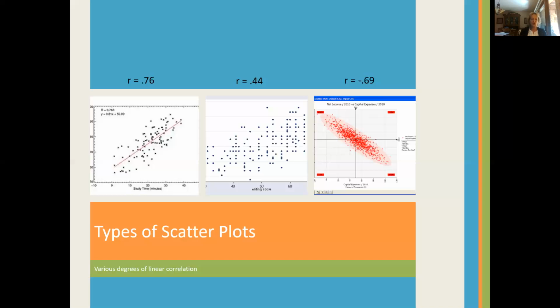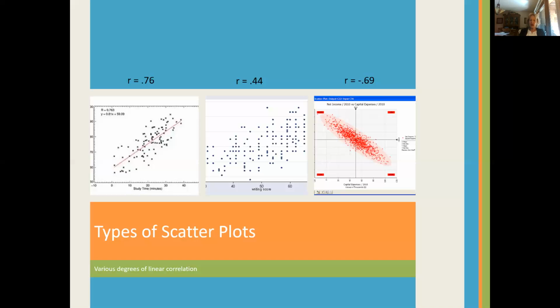Now in the middle graph, things are a little bit more scattered, and it's not quite as strong a positive correlation, but it's still positive. The correlation coefficient that corresponds with that graph is 0.44.